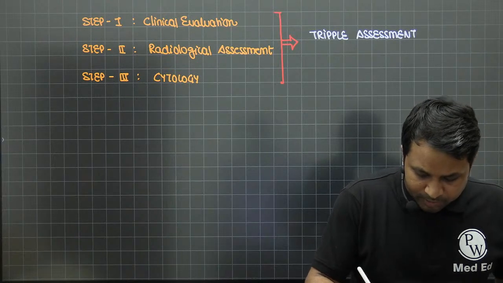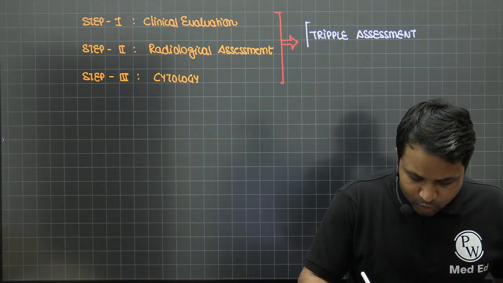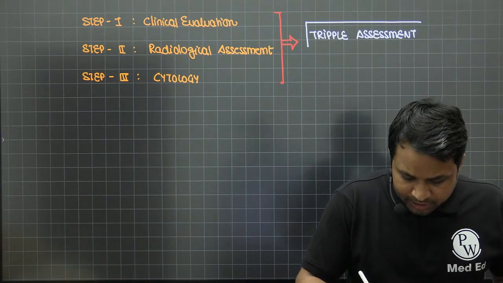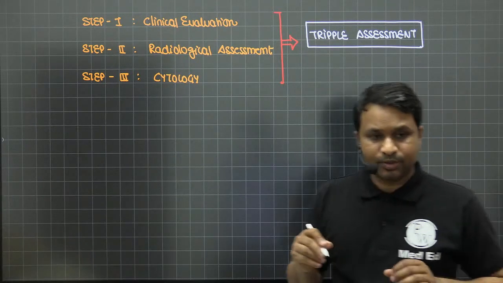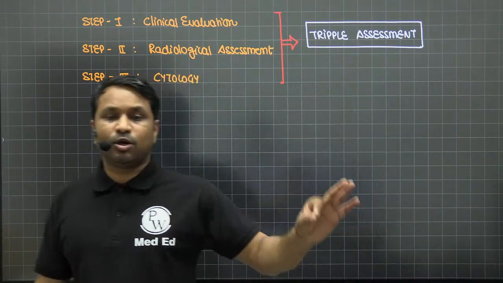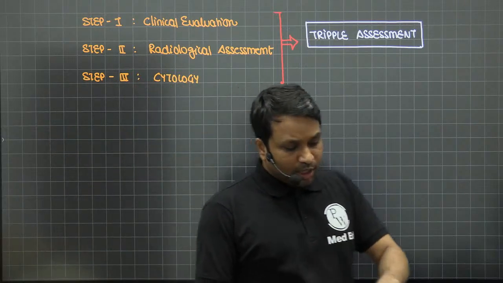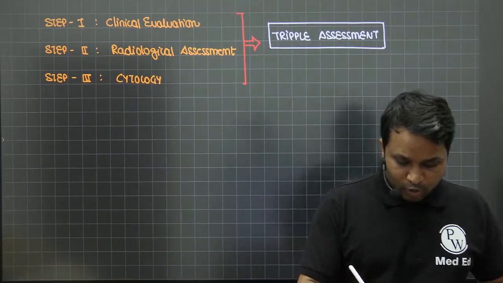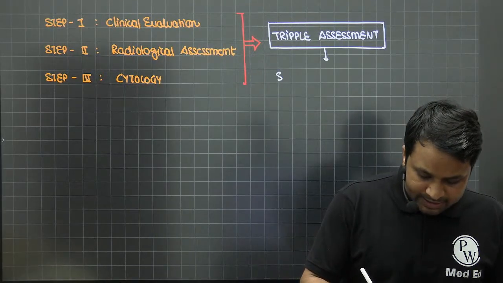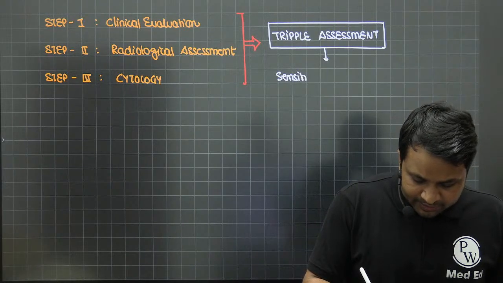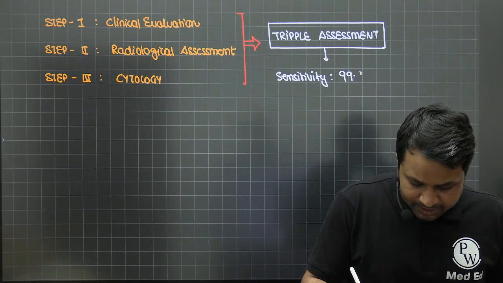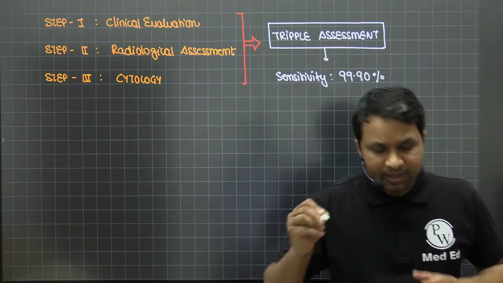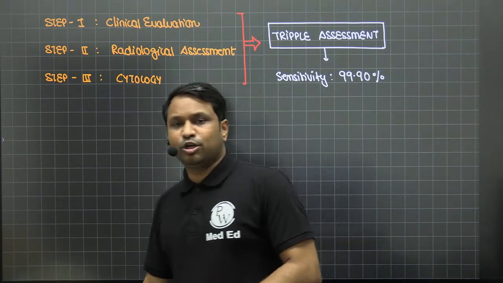That means from the point the patient arrived to you in the OPD till you got a cytology to confirm a diagnosis, this entire process is what we call triple assessment. Now, if you follow the triple assessment protocol, what is the sensitivity? The sensitivity of the triple assessment is 99.9%.